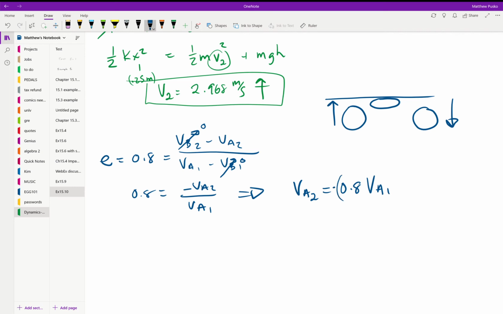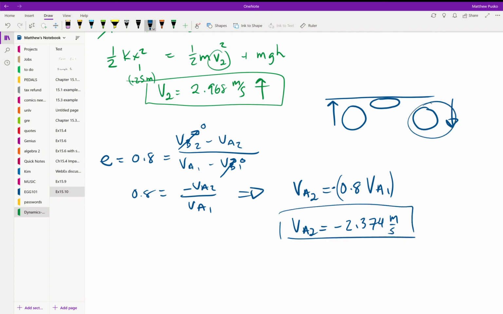And we're going to throw a minus sign on there because it's going to be coming back the other way. So just 0.8 times the velocity we found earlier, we get the velocity of A at 2 to be negative 2.374 meters per second. And that's right when it's bouncing back down. The 2.968 was right before it hit the ceiling.